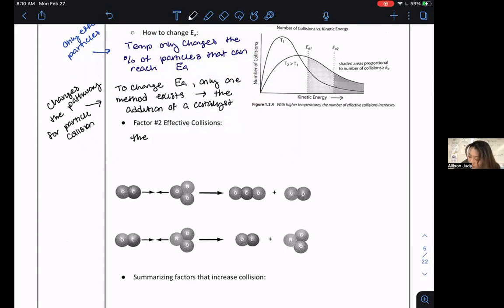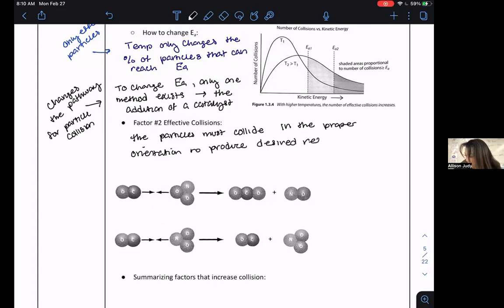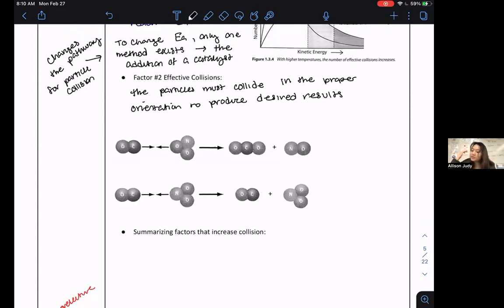So the particles must collide, one, frequently, but two, in the proper orientation, to produce desired results.